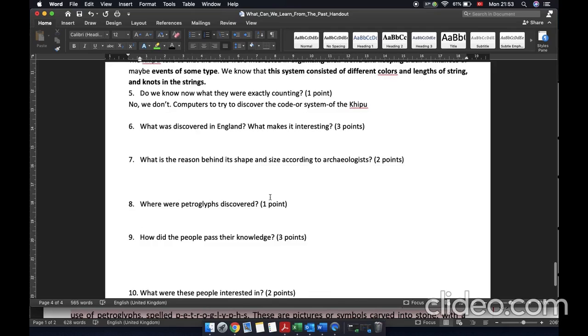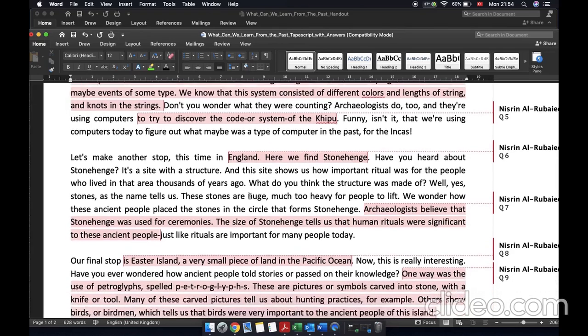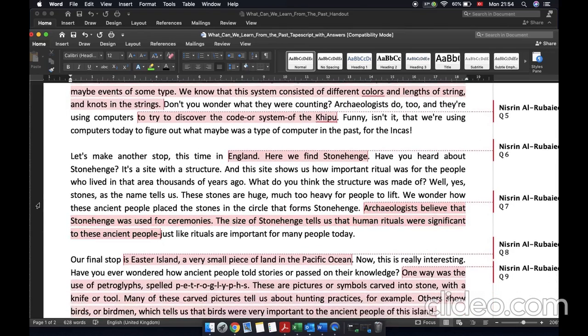What was discovered in England and what makes it interesting? Let's see here. Let's make another stop, this time in England. Here we find Stonehenge. So Stonehenge was discovered in England. And see here, archaeologists believe that Stonehenge was used for ceremonies. The size of Stonehenge tells us that human rituals were significant to these ancient people, just like rituals are important for many people today.